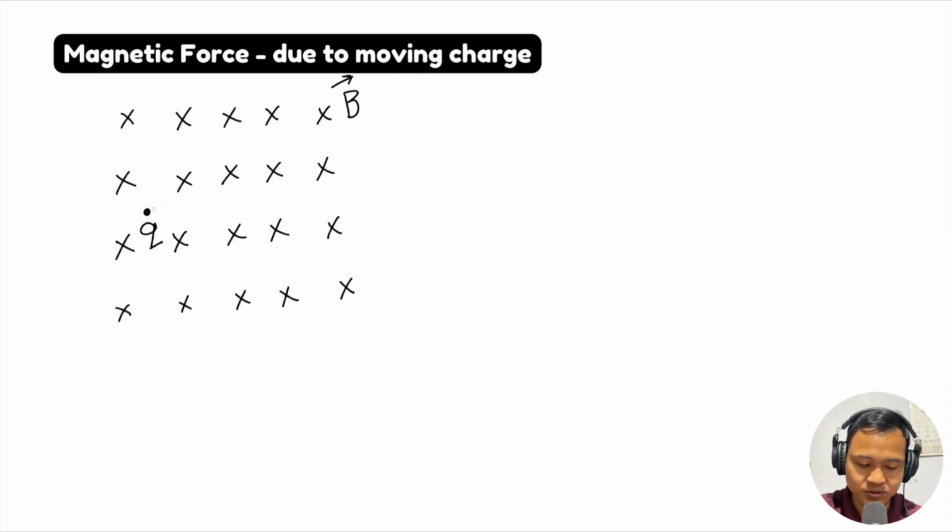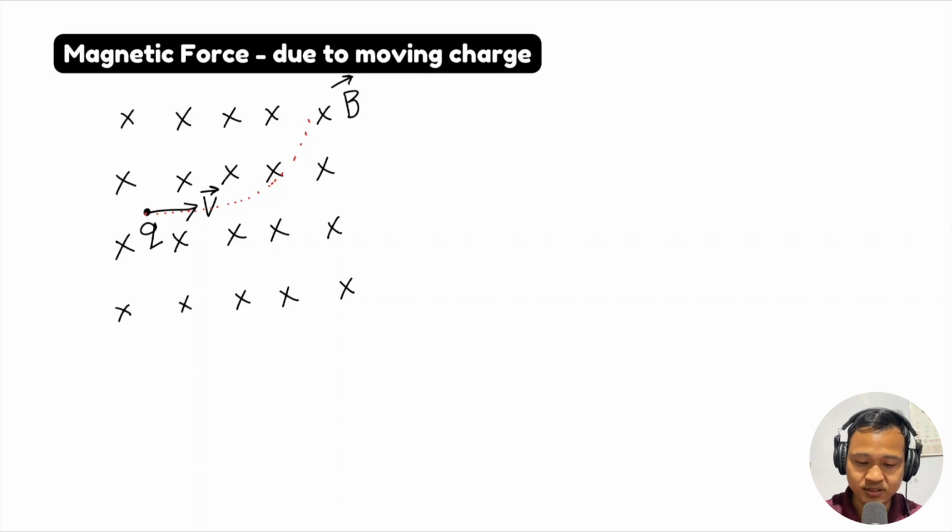At rest, no force acts on it. But what you will observe is that when it starts moving with some velocity v, if you give velocity to this charge, you will see that it starts deviating.